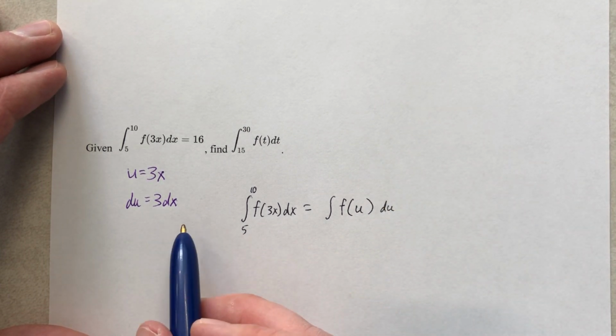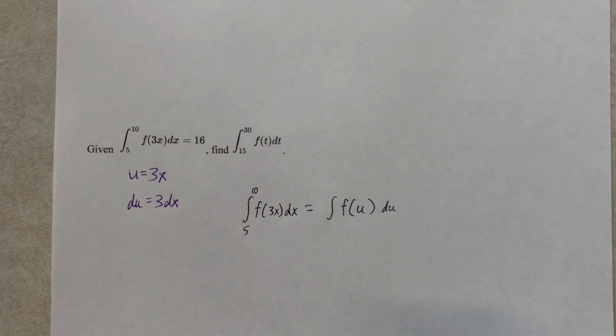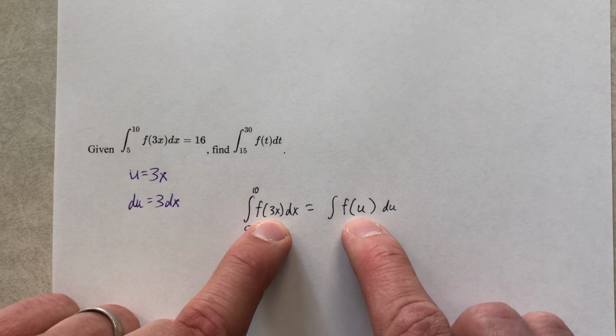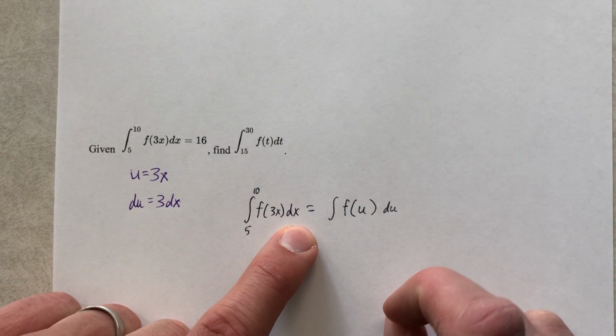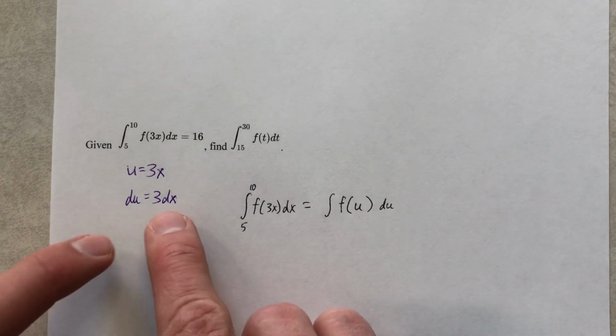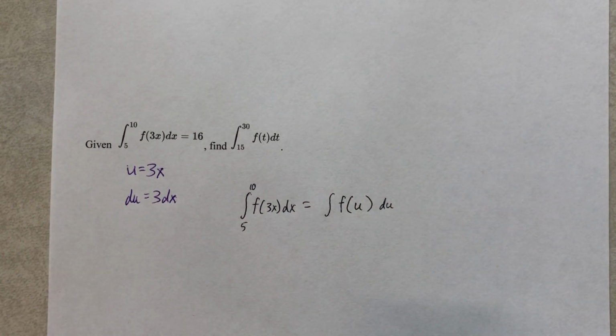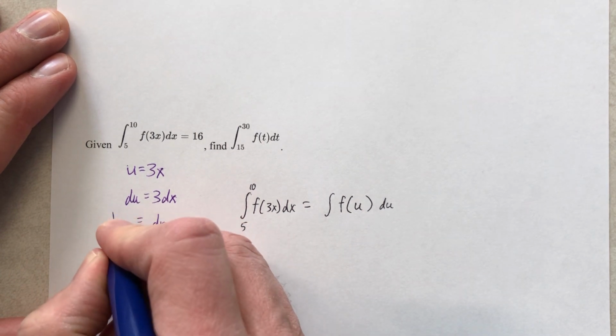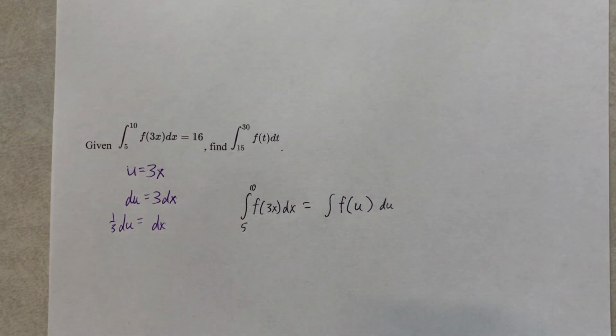But here's the problem. If I'm going to go old school color coding like we had done in previous lessons, we have the 3x here, which is u. We have dx, which is du. Oh wait, dx is not du. So we got to go one more step over here, and we're going to say that dx is really 1/3 du. Okay, good to know.